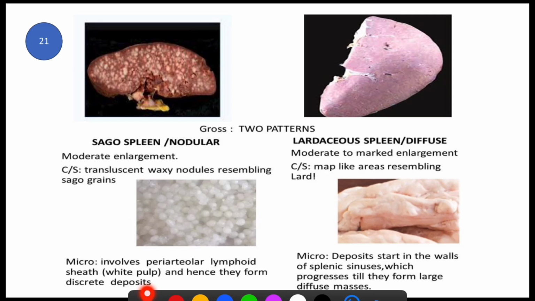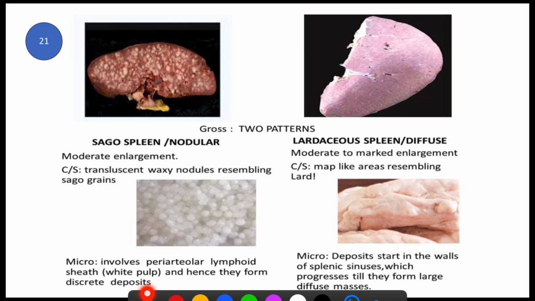Now another example of amyloid is when the spleen is involved. It is called sago spleen or nodular amyloid deposition. So here this is a specimen, cut surface of spleen showing sago. These are the sago grains, resembling the whitish nodular appearance in the spleen.